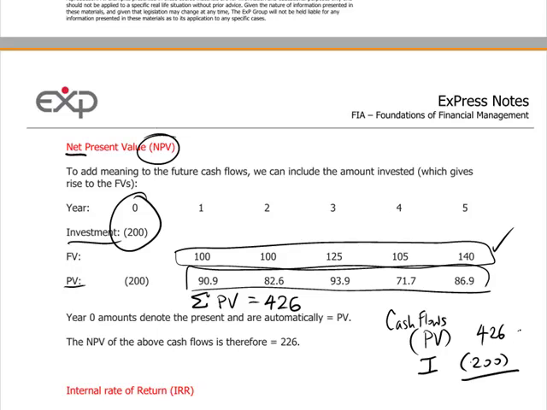The difference here is 226, which is positive, and this is what we call net present value. A project that returns a positive net present value is a good project. It's worth investing in.